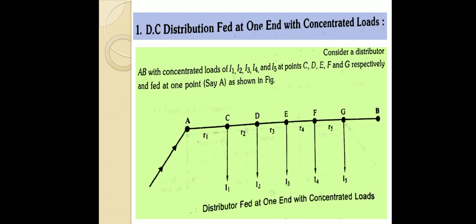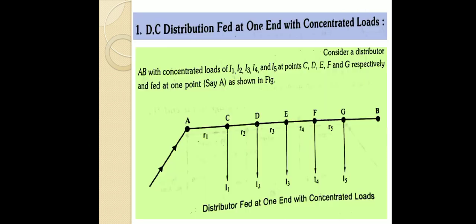The resistances of the sections AC, CD, DE, EF and FG are R1, R2, R3, R4 and R5. In the above figure only one wire is shown instead of two, but resistances are marked on the diagram for both wires for the respective sections.